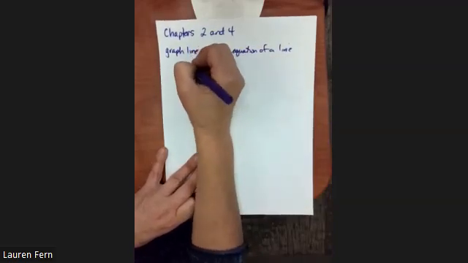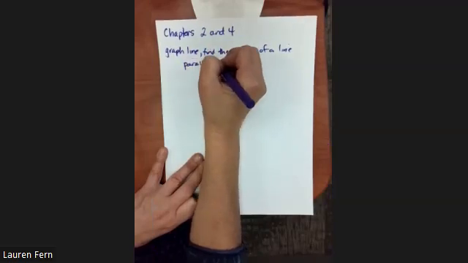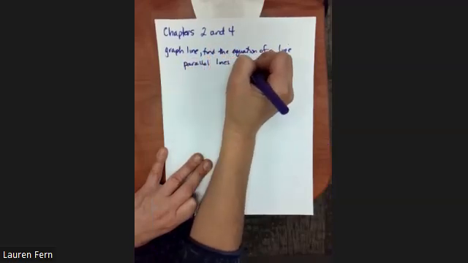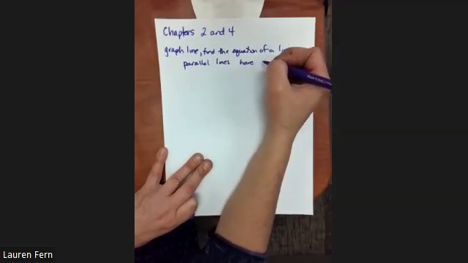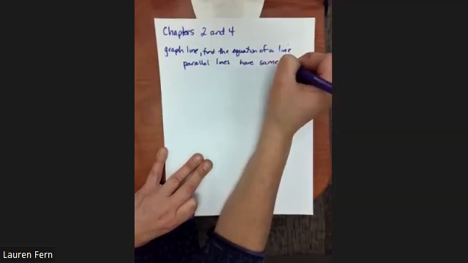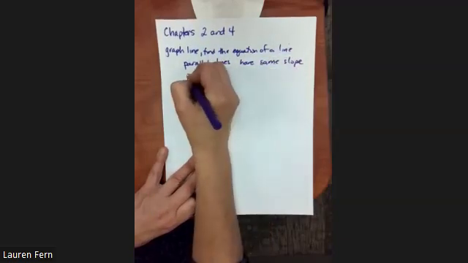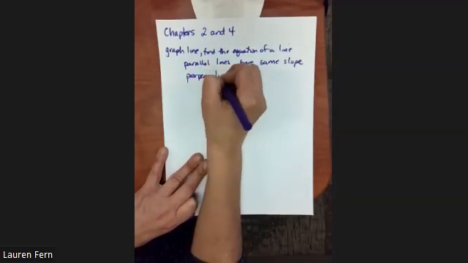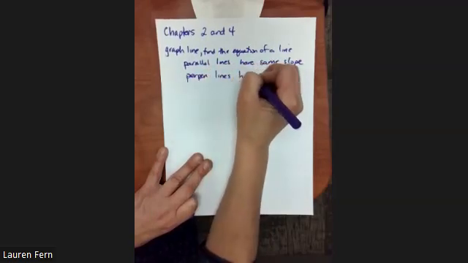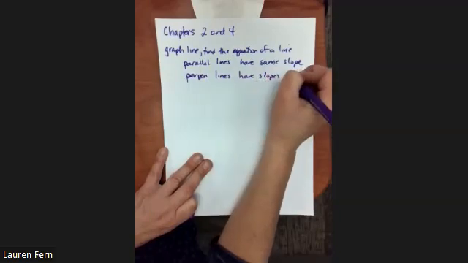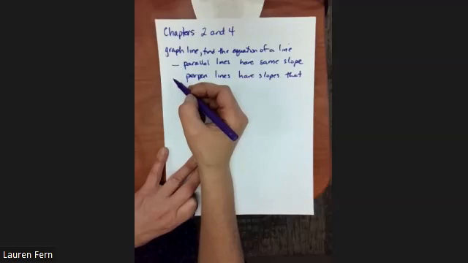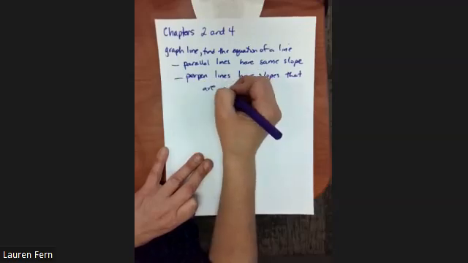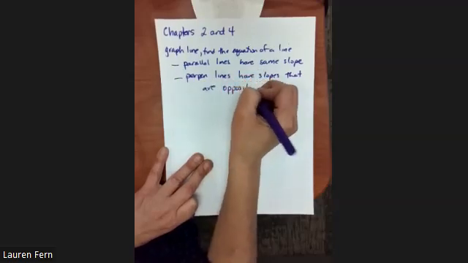Additionally, you need to know that parallel lines have what? The same slope. Perpendicular lines have slopes that are, anyone? Good, opposite reciprocals.